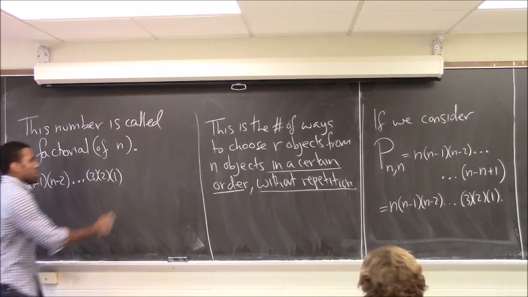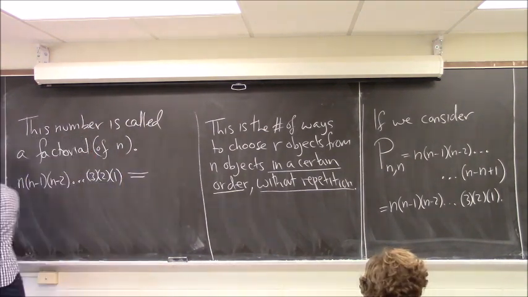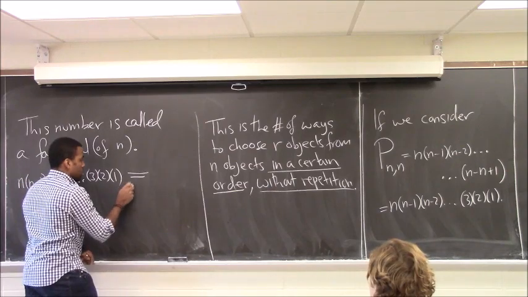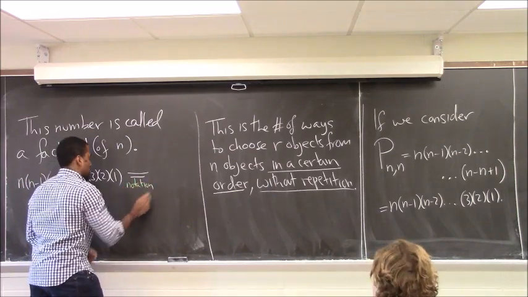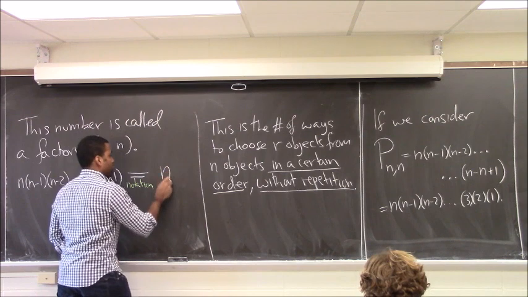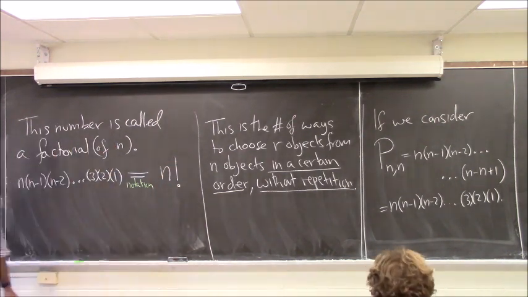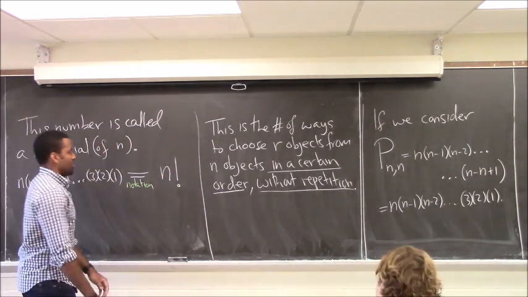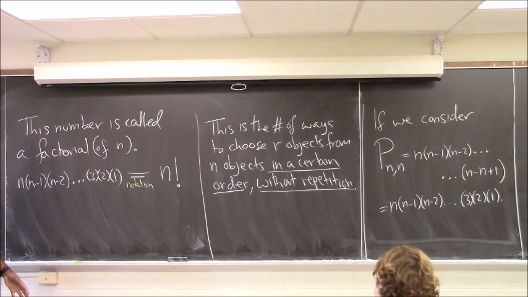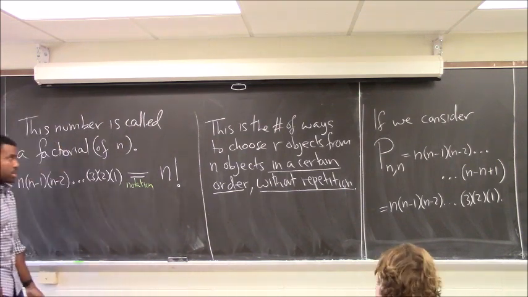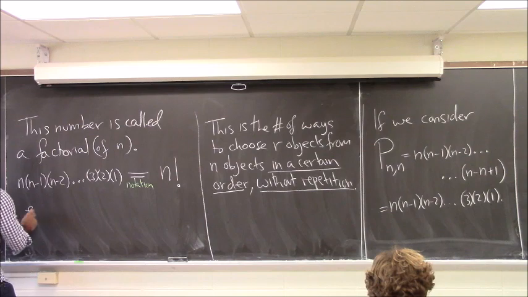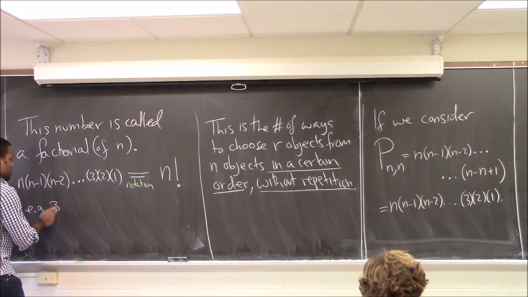And here's the notation that we use for this. It's n!. You say it with a lot of excitement, and you write an exclamation point, and that means n factorial. So, for example, I can say, what is 3 factorial?